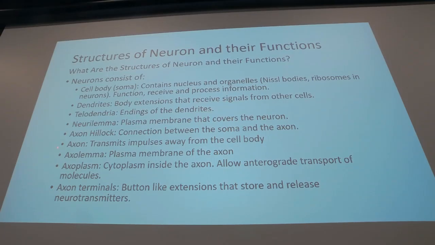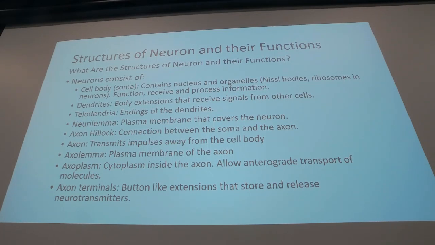The axon is the longest extension of the body, and it transmits the impulses away from the cell body. The plasma membrane that surrounds the axon is the axolemma.